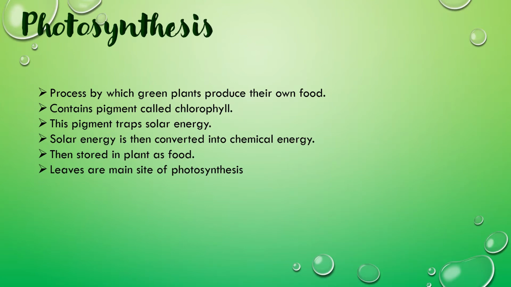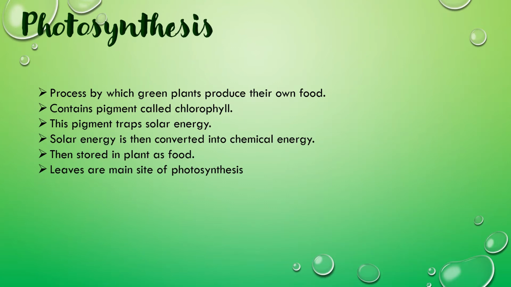This pigment, chlorophyll, gives the green color to the leaf, and there might be some leaves with yellow color, pink color, or some orange, red color. All these have some other pigments, but chlorophyll is the most common, and this chlorophyll pigment is present in a special structure called chloroplast.